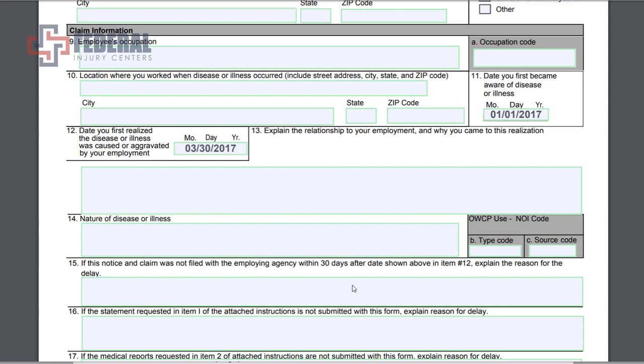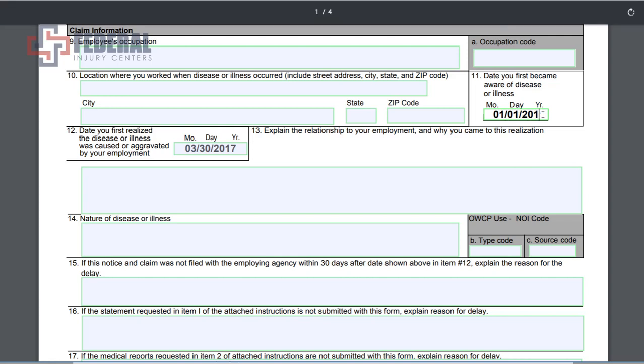Now that we've established a date for box 11 and 12, it's important to make note of something. You have 3 years from the date in box 12 to file a claim. So let's say, for instance, you became aware of your disease or illness in 2014.